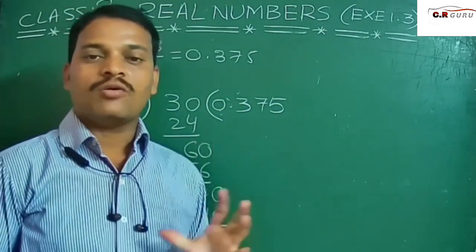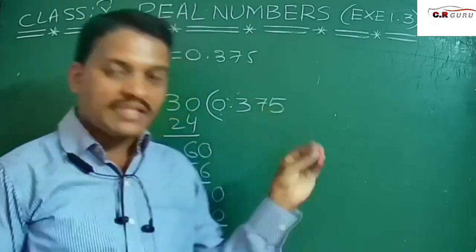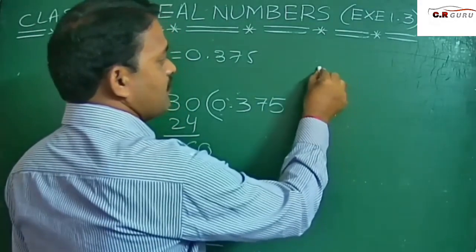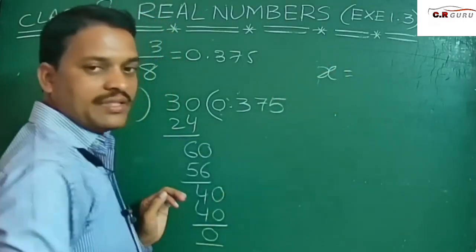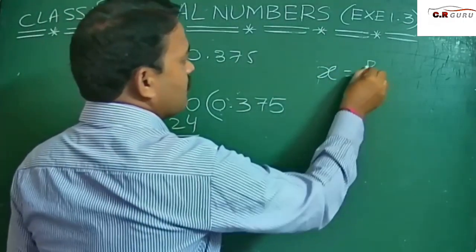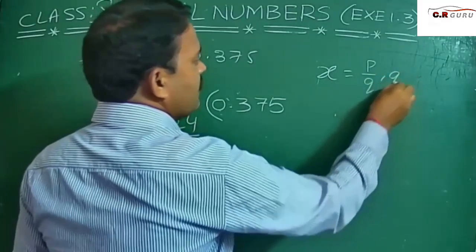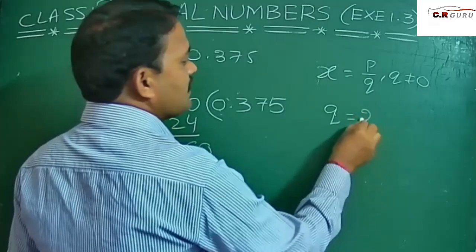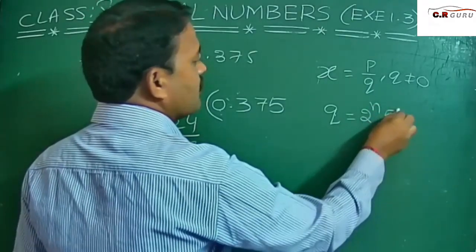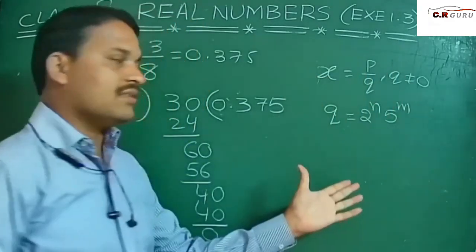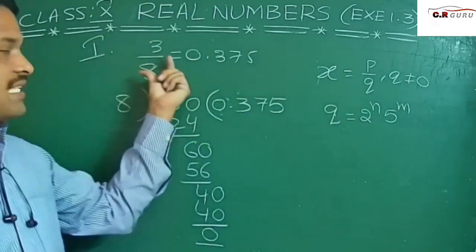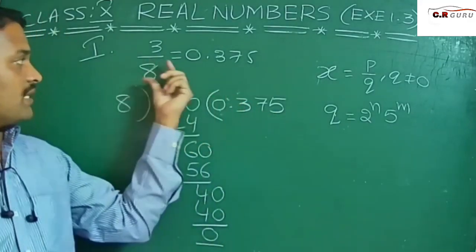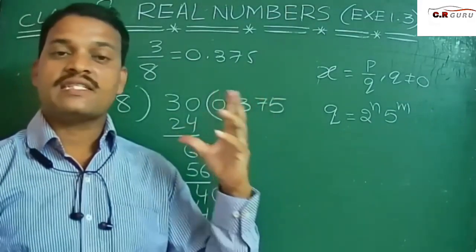Now, as I told you in the previous example, suppose x is a rational number that can be written in the form p by q, where q is not equal to 0. If q can be written in the form 2 power n into 5 power m, then this fraction is called a terminating fraction, and this decimal is called a terminating decimal.